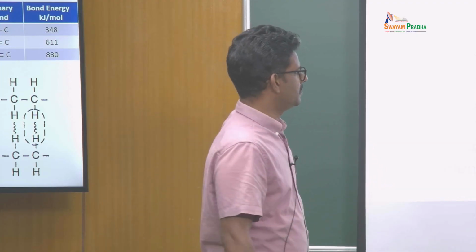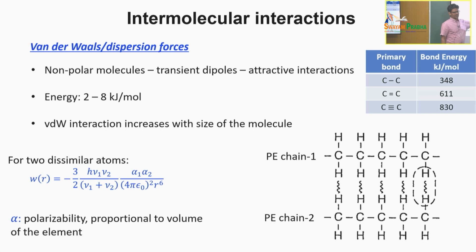If you know the polarizability and the distance between two atoms, based on other constants here, you can calculate this energy. This energy is likely to be of this order, 2 to 8 kilojoules per mole. So here I have given an example.